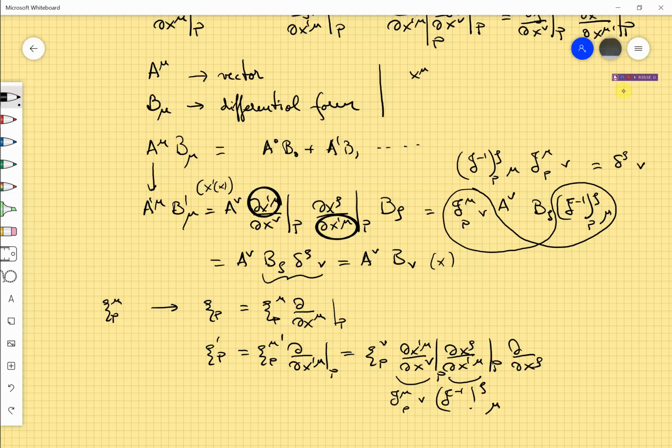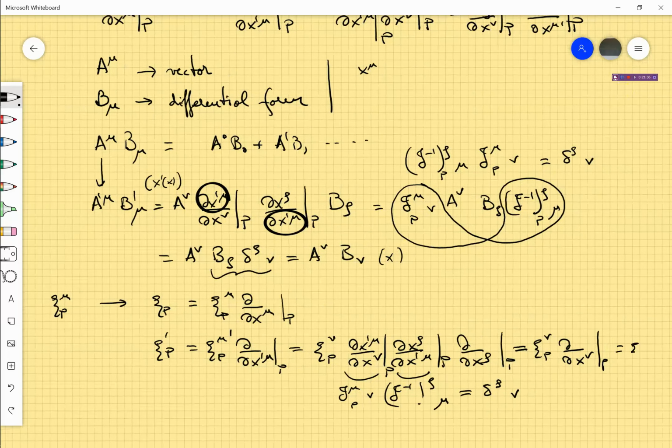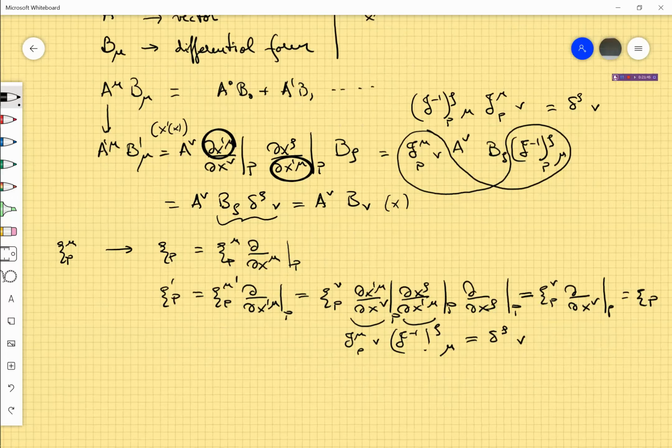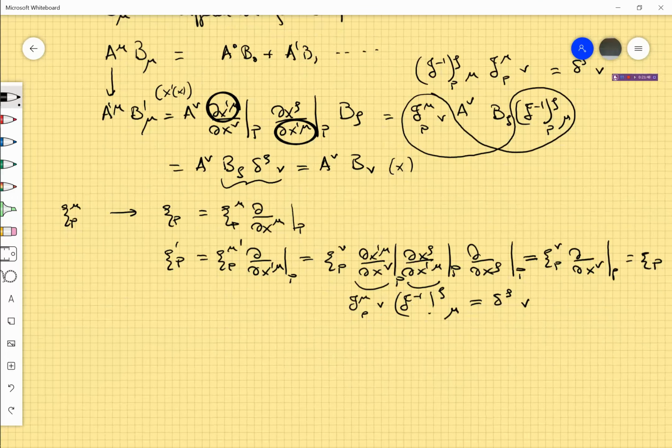And to see that this is contracted in the right order, this is going to give you delta rho nu, and this gives you partial nu at p, evaluated at p, which is what we defined as psi p. So this object has the same value in any coordinate system. It is an intrinsic object.